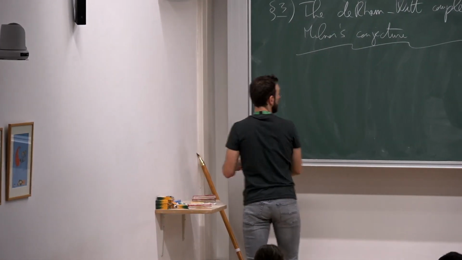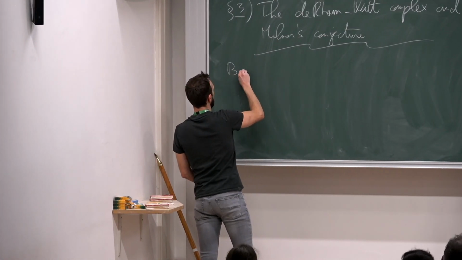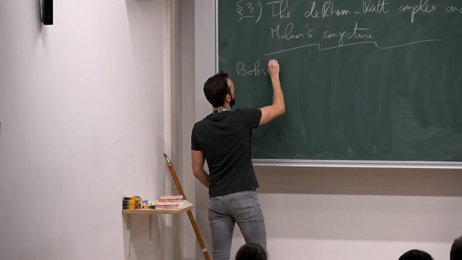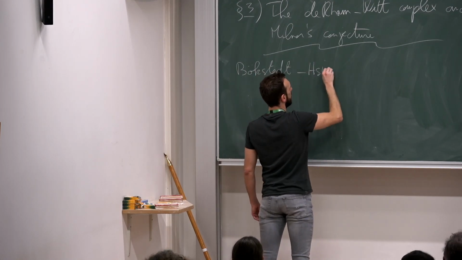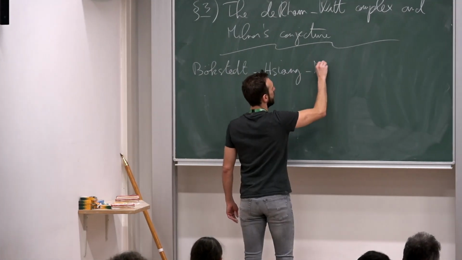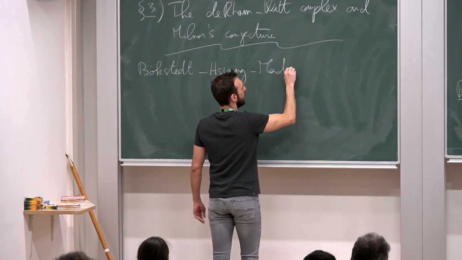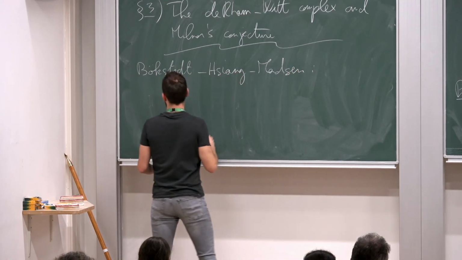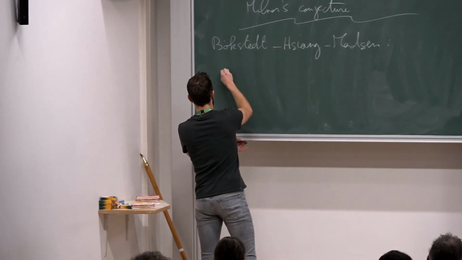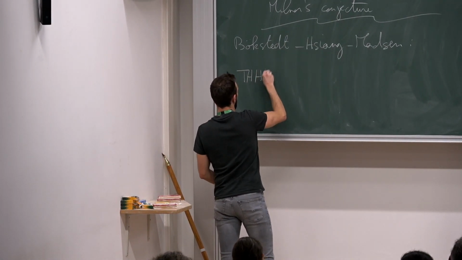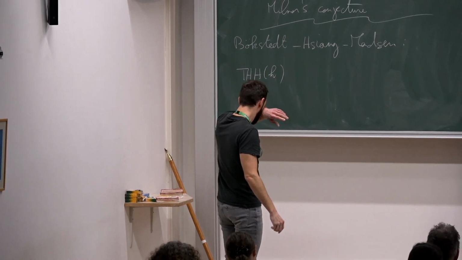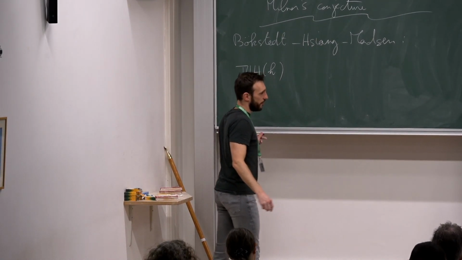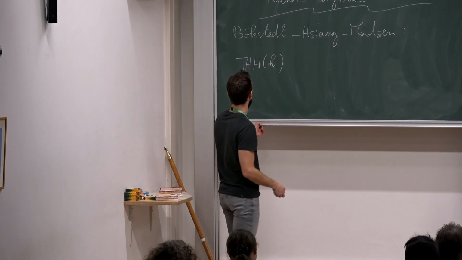So, it is Bökstedt, Hsiang, and Madsen. What they do is that they look at THH and they refine this further to a spectrum with an action of a finite group, a finite cyclic group.